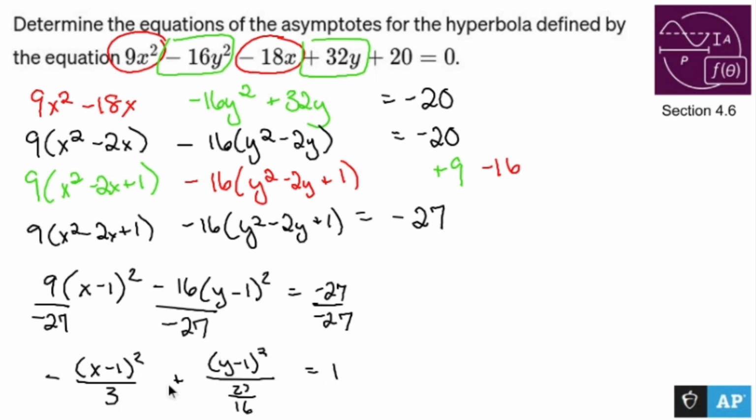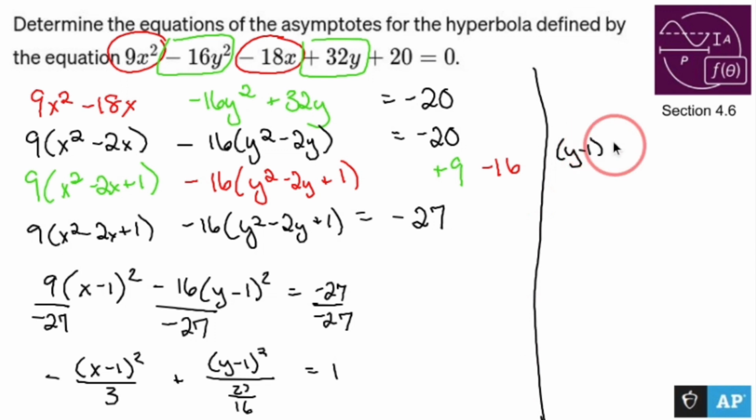So rewriting it now that I have a negative here and a positive here, I now have a hyperbola in the form (y - 1)^2 over 27/16 minus (x - 1)^2 over 3 equals 1.